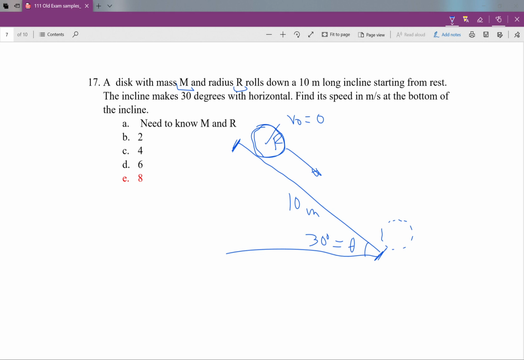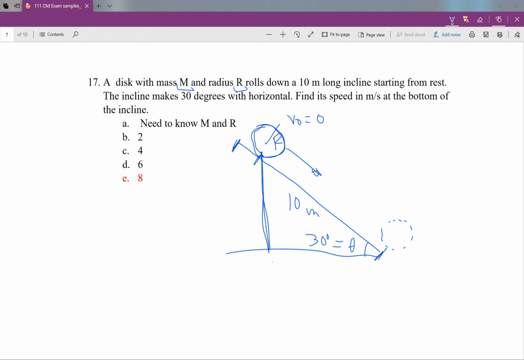So for this specific problem, we're going to use the fact that we have an initial speed, which is 0. We also have some height with respect to the bottom, and that tells us that we have potential energy.